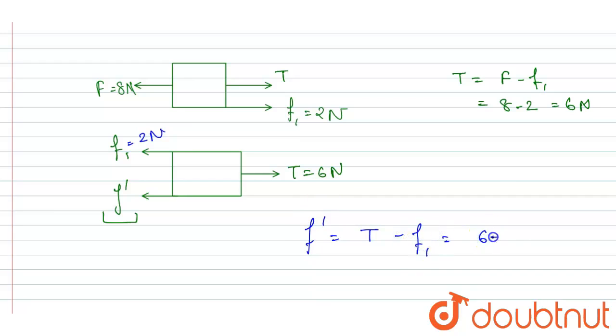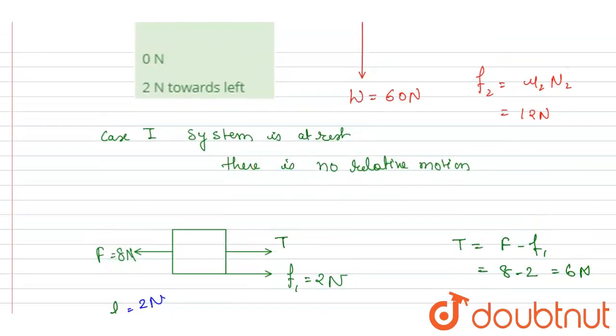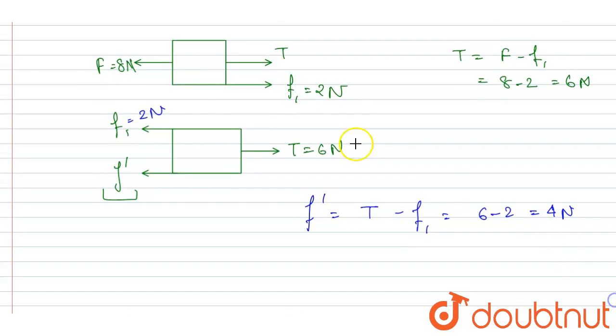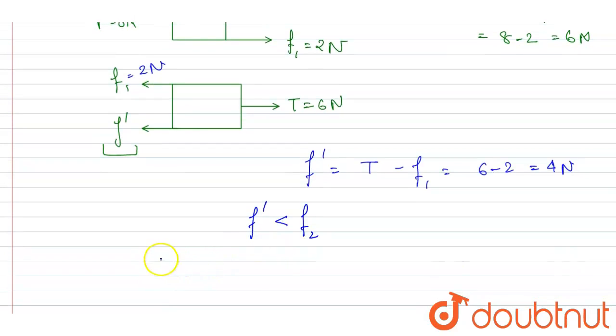So it is 6 minus 2, that is 4 Newton. Okay, and what is the maximum available friction? The maximum available friction here is 12 Newton, but what we need to stop the motion is this, 4 Newton. So F dash is less than F2. So the system will be at rest. There will not be any relative motion.